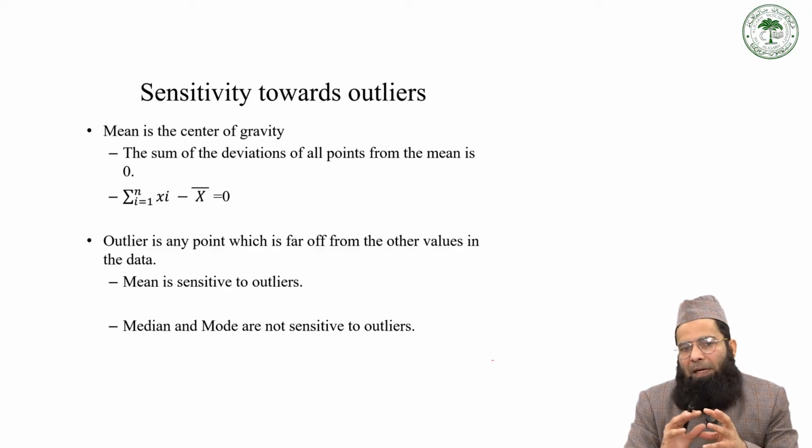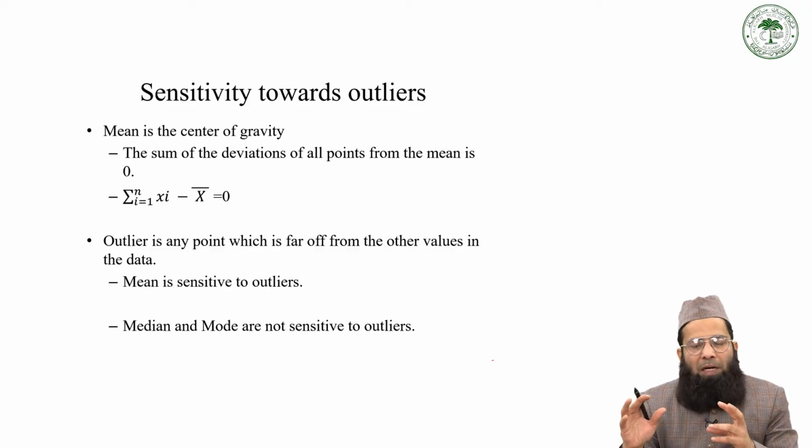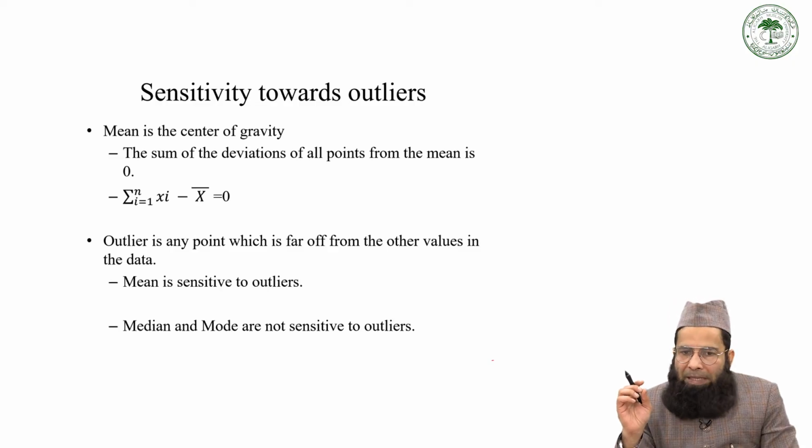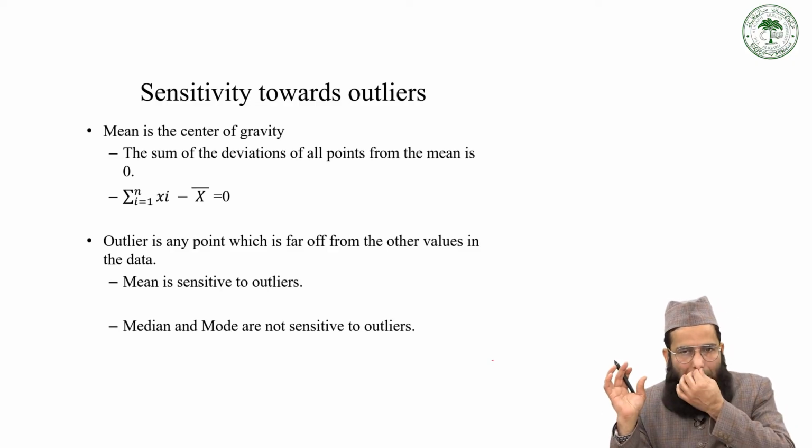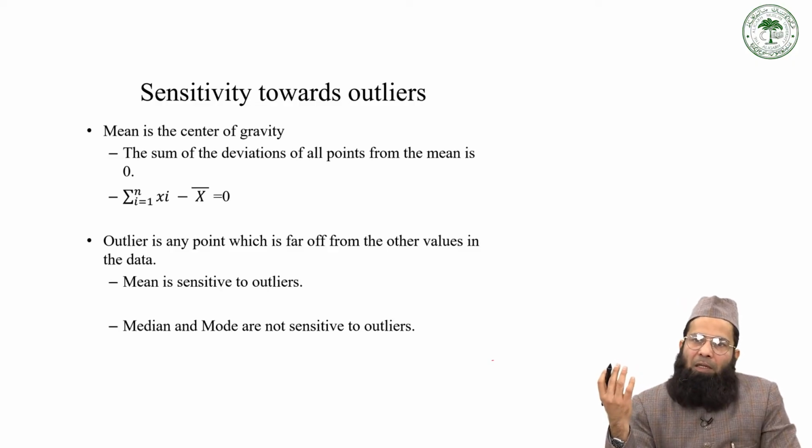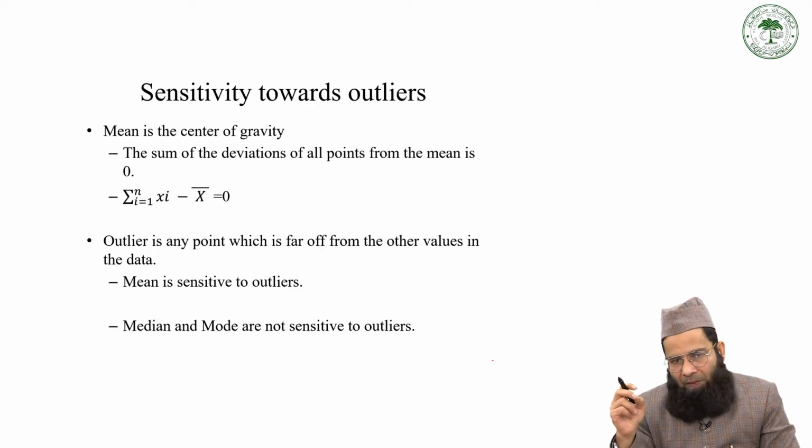But median and mode are not sensitive to outliers, because the median is the mid value. Suppose the last value in the list is very high, it is not going to change the median.